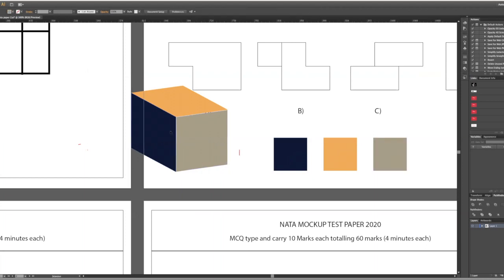Okay, let's say this is front, and this is top, and this is side.